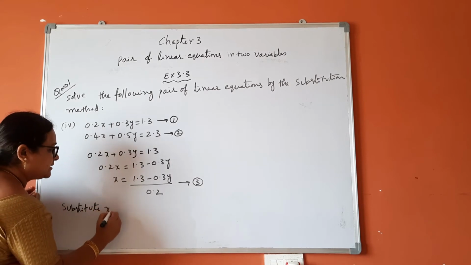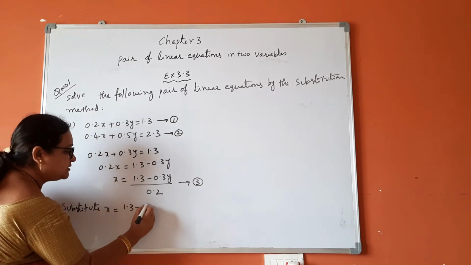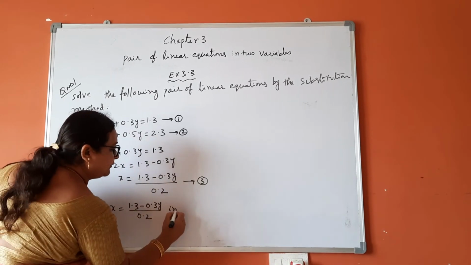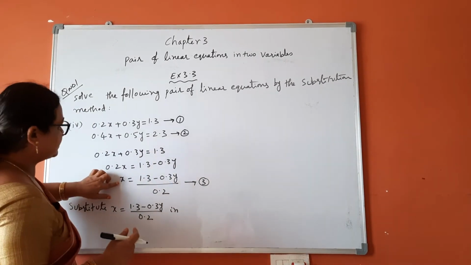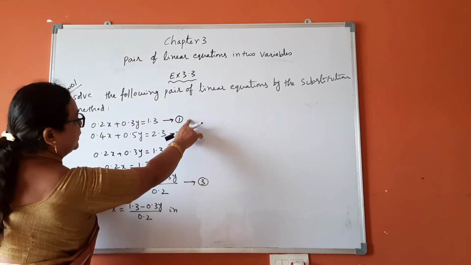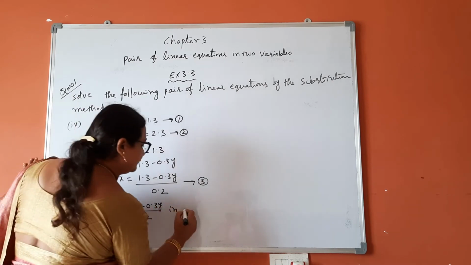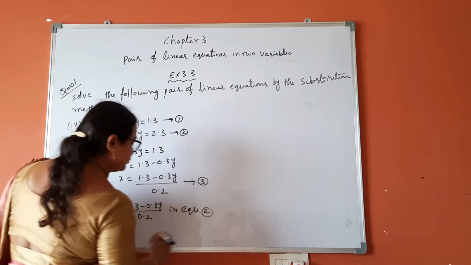Now substitute x is equal to (1.3 minus 0.3y) by 0.2, the value of x we got from equation 1, in equation 2.